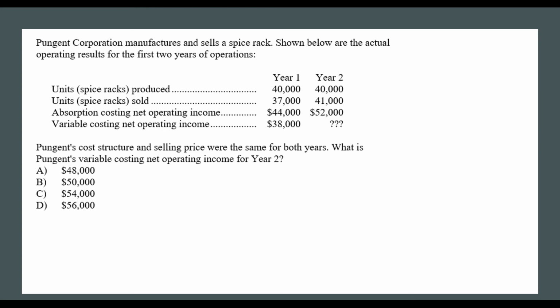Is it letter A, 48,000? Is it letter B, 50,000? Is it letter C, 54,000?